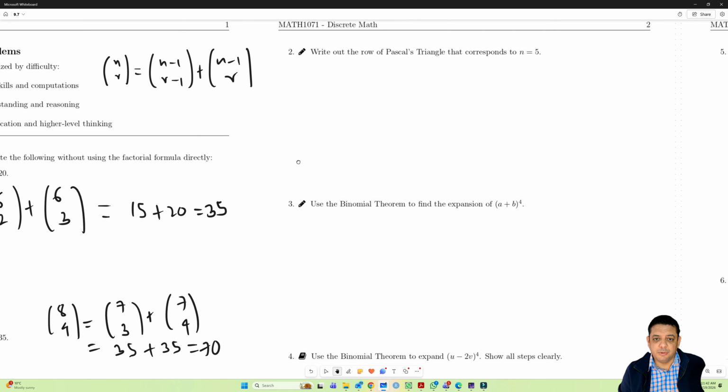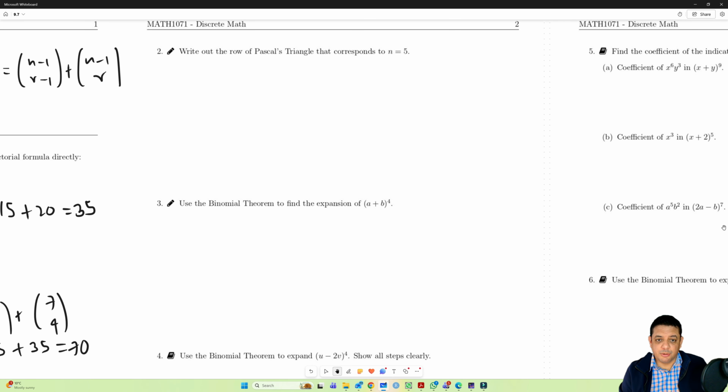Now let's move on to question number 2, where we'll remember how to do the Pascal triangle, and check which one is the row when n equals 5. Remember, in building the Pascal triangle, you start with 1, then 1, 1 next, and then here you have 2, and then 1 here.